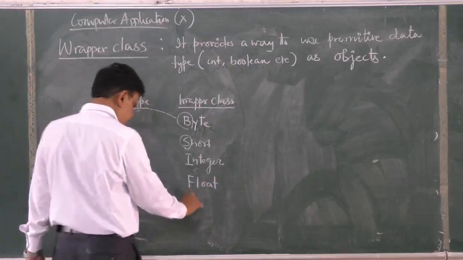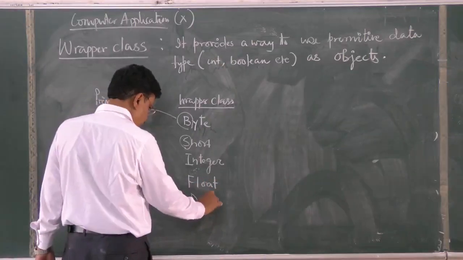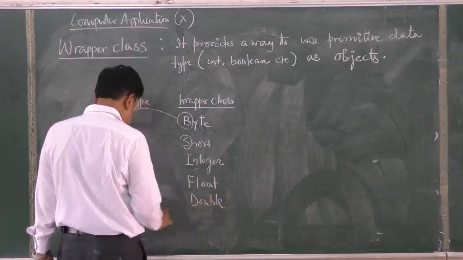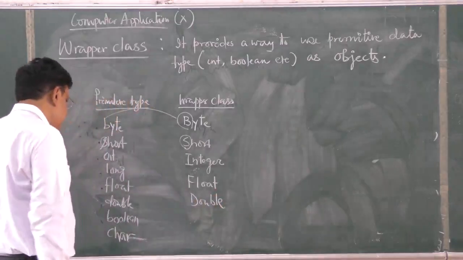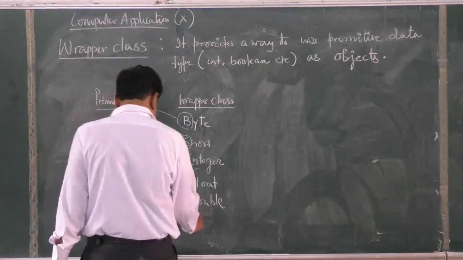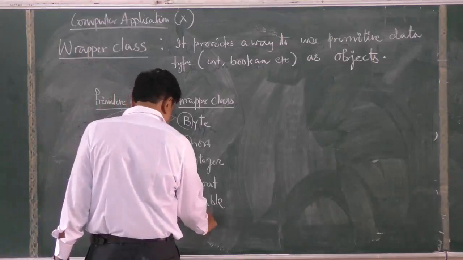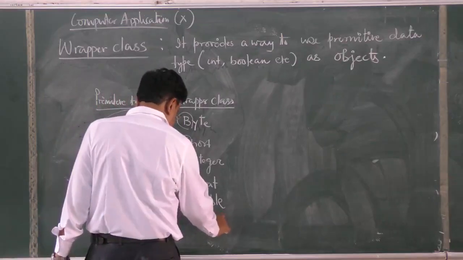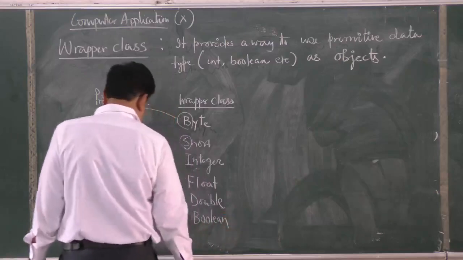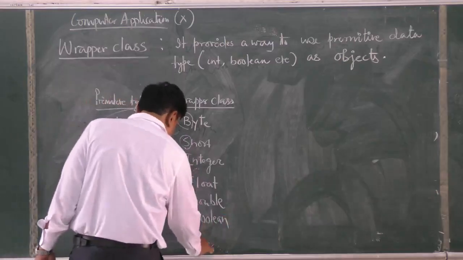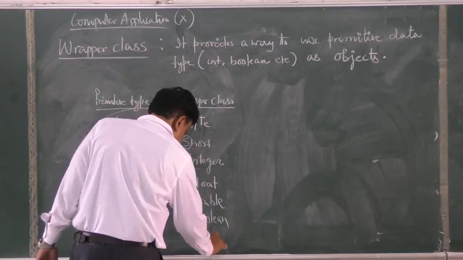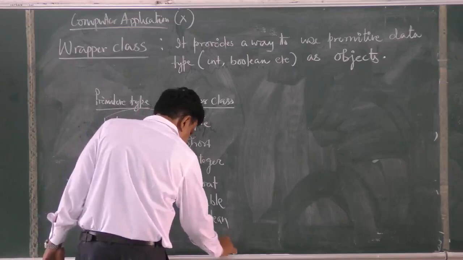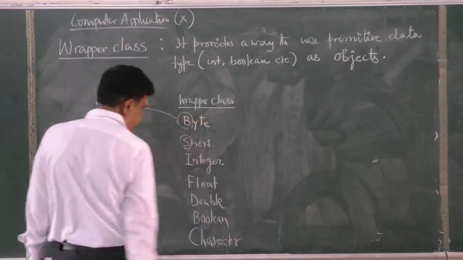Then double, you have to write as Double. Boolean, you have to write it with a capital B, Boolean. Character, you have to write as the full word, Character.